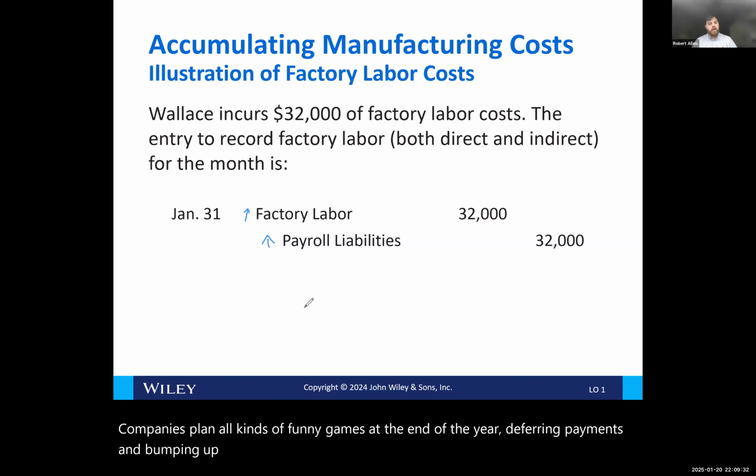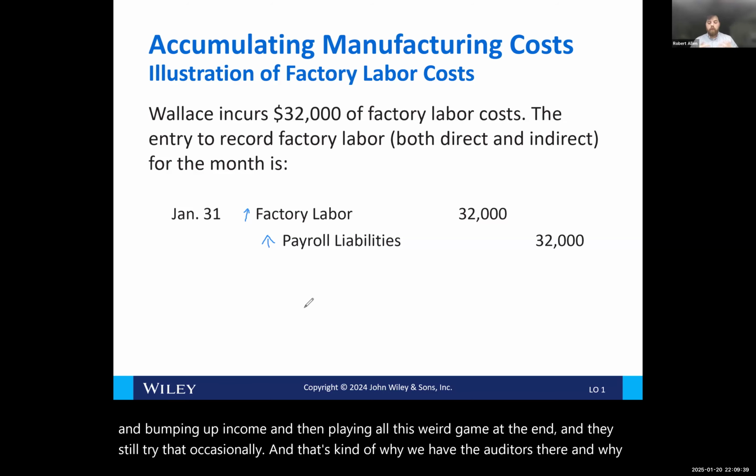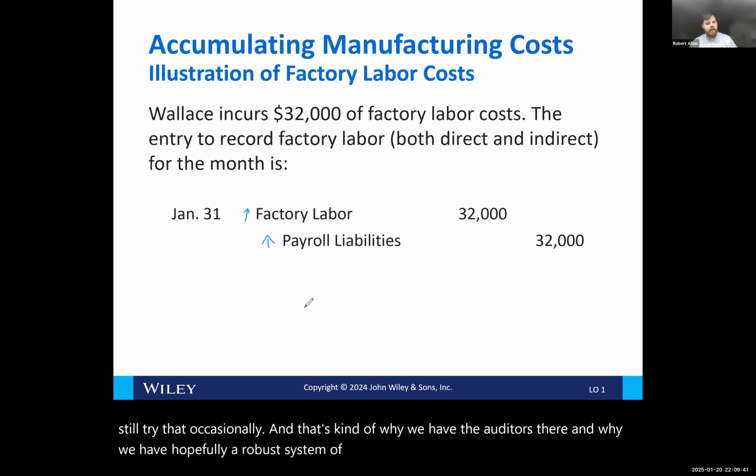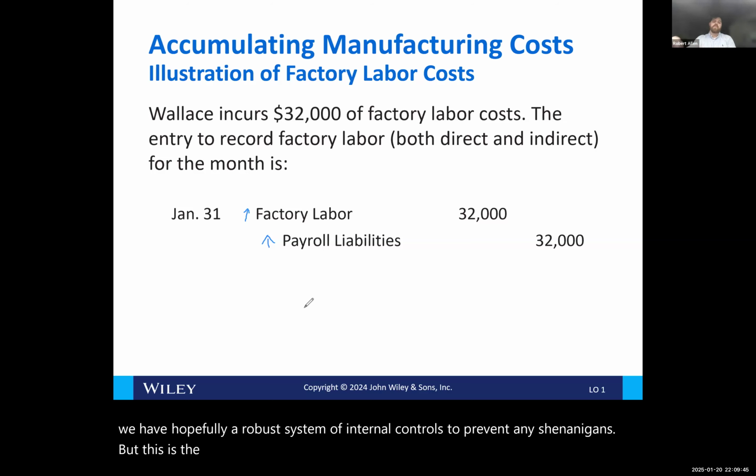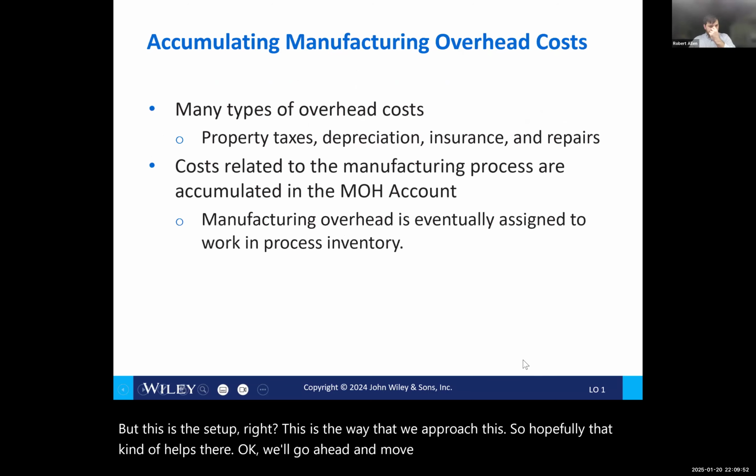And they still try that occasionally. And that's kind of why we have the auditors there and why we have hopefully a robust system of internal controls to prevent any shenanigans. But this is the setup, right? This is the way that we approach this. So hopefully that helps. Okay, we'll go ahead and move on to the next slide.